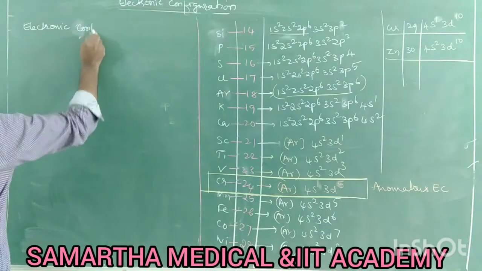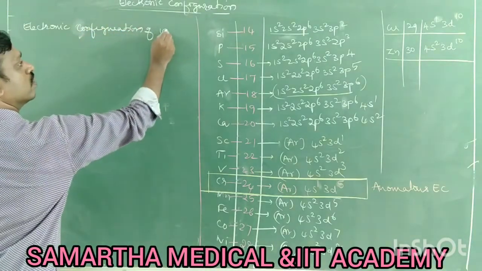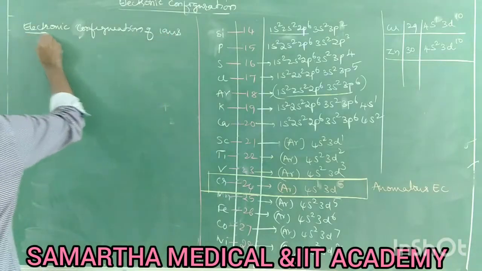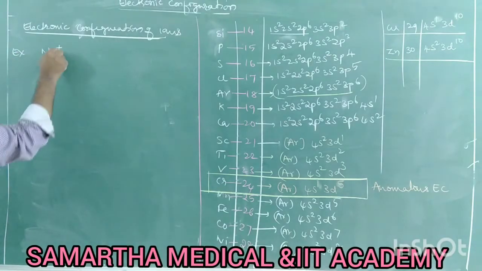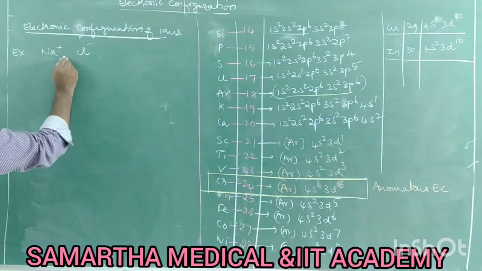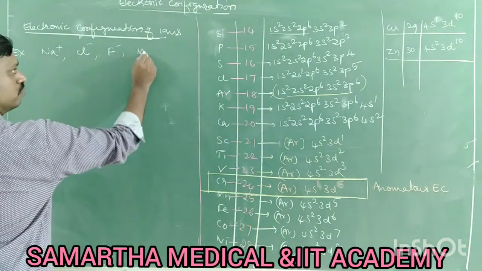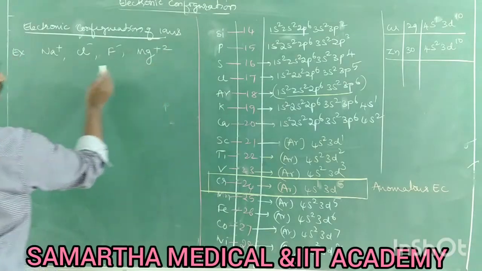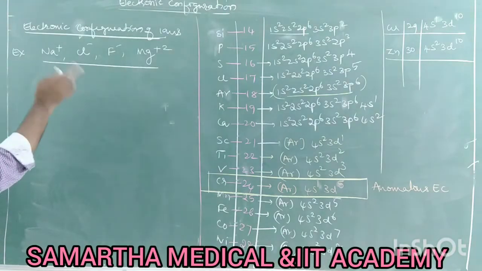For example, let us take Na plus, Cl minus, F minus, Mg plus 2. Write the electronic configuration of these ions. How to write the electronic configuration of these ions?